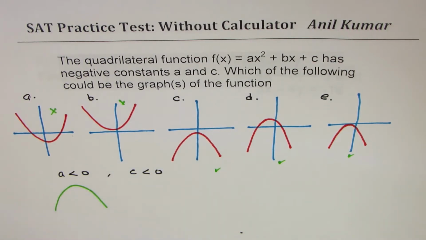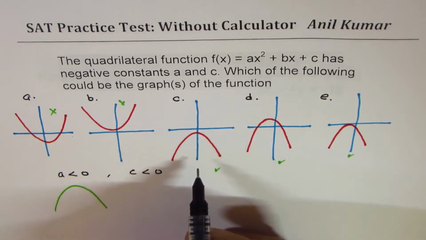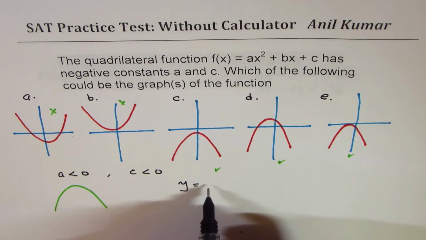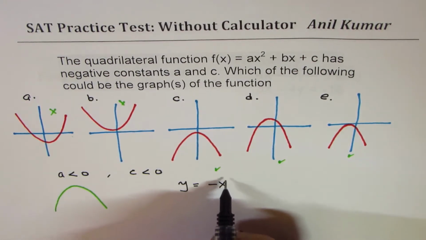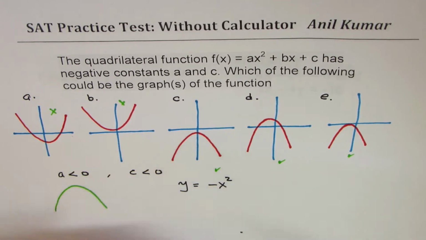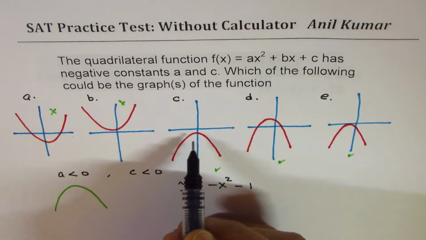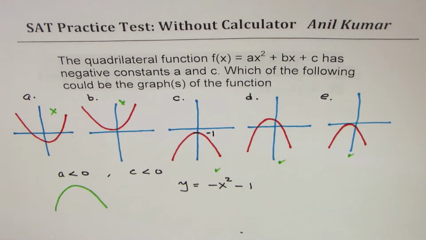So both are negative. Now, if I look into this particular graph, I could write this function as y equals negative x squared, which means the graph opens downwards, and a negative value of c, minus 1. So I could get a graph like this where this value is minus 1. Perfect.